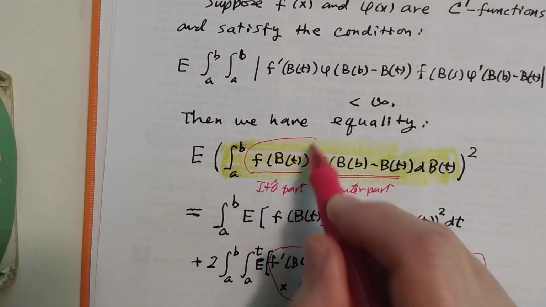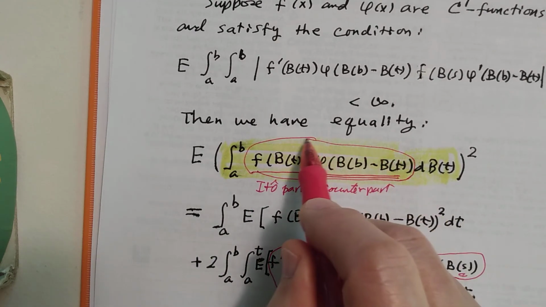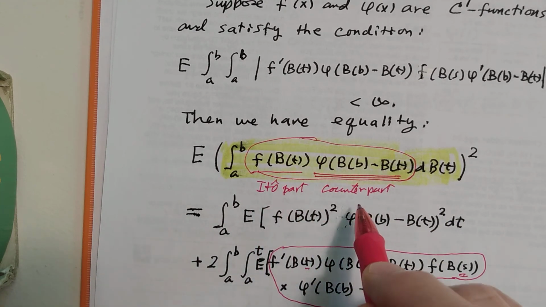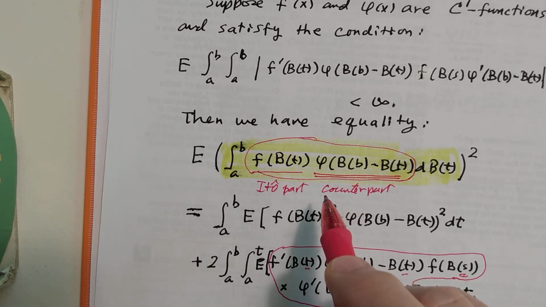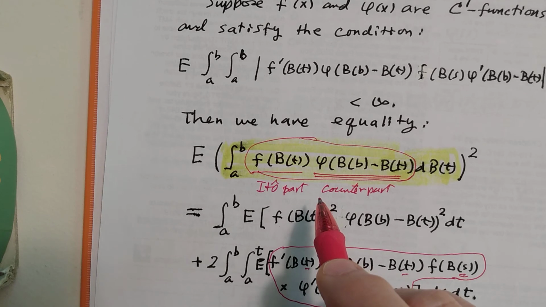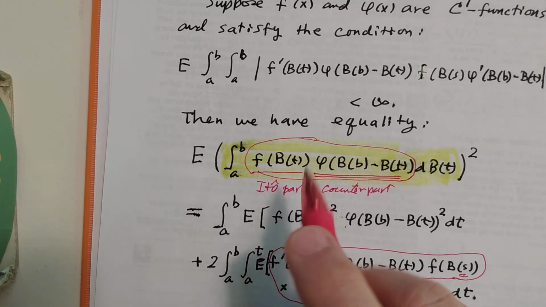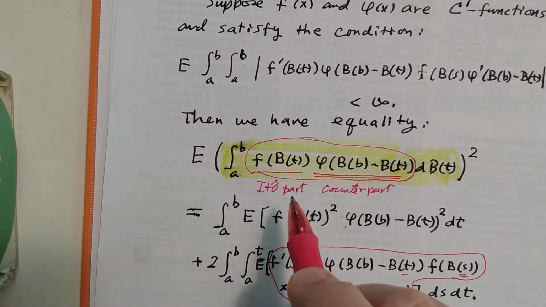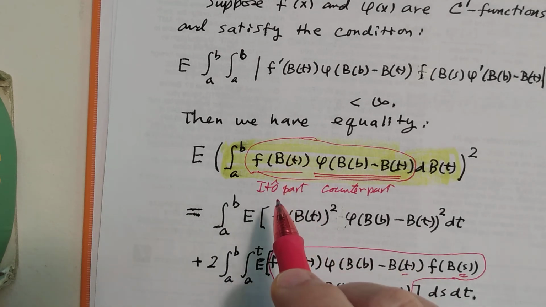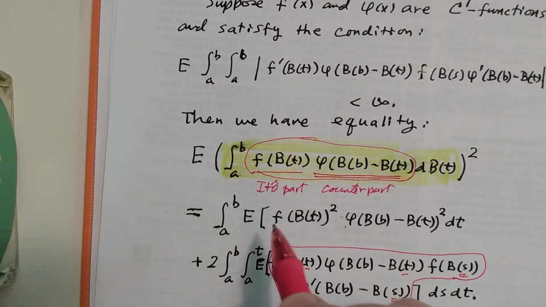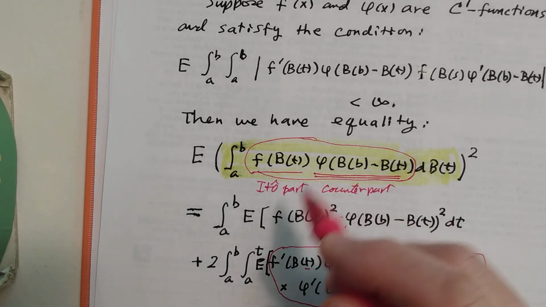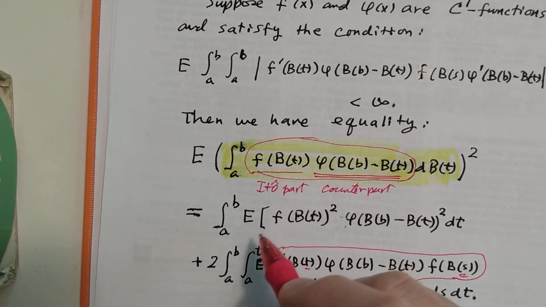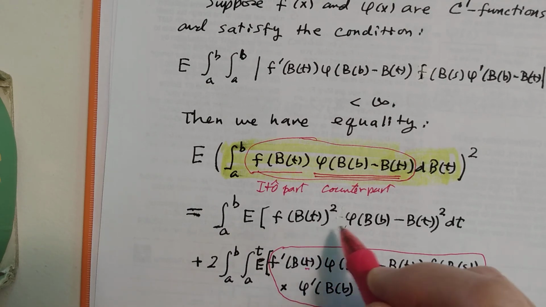You see, the integrand is a product of Ito part and counterpart. And this appears in the first step of our new stochastic integral. In step 2, you recall that we take the linear combination of finitely many terms of the product.